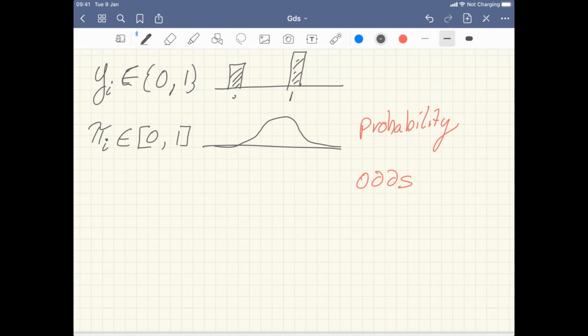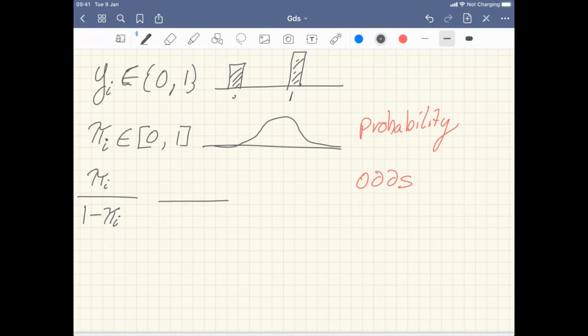And the odds are represented by the probability of something happening divided by the probability that it doesn't happen. So if an outcome is binary, pi is the probability that the thing happens, that it takes on a value of 1. And if a thing doesn't happen, then the probability of that occurring is 1 minus pi. Okay? So this is called the odds.